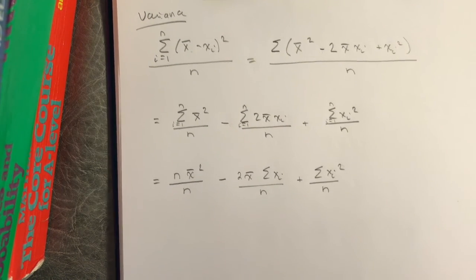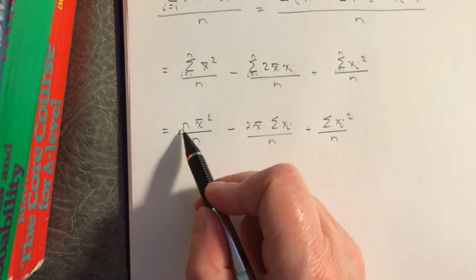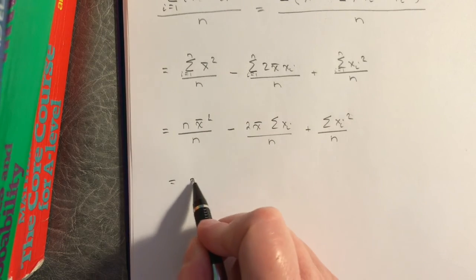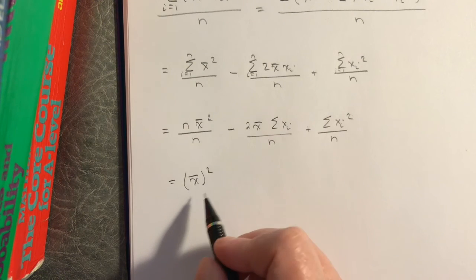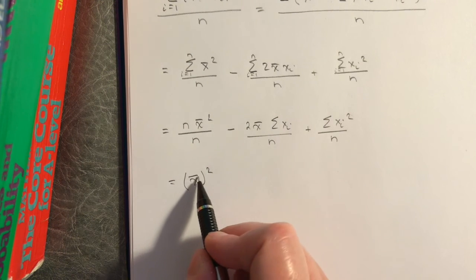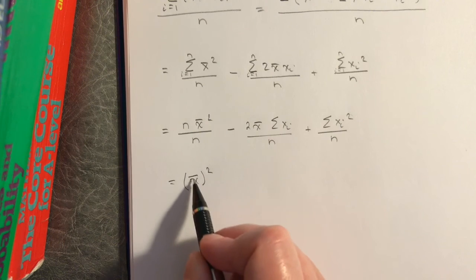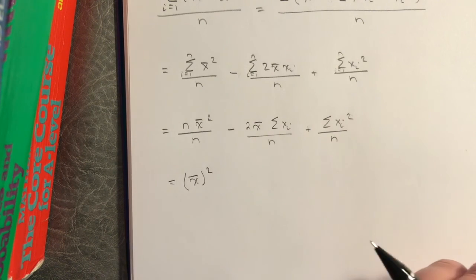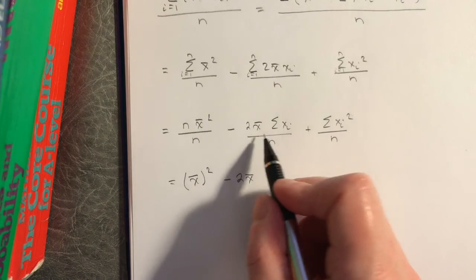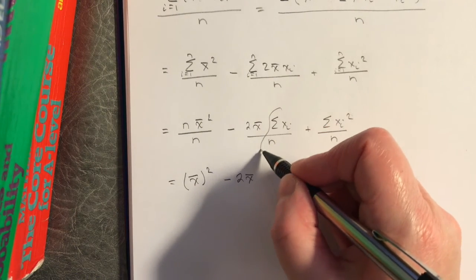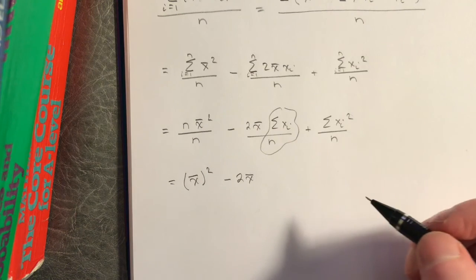From here, my n's will divide out on the first piece, and that will just give me x bar. You know what, I'm just going to stick them in brackets because the squared is outside the bar. So x bar, the mean, squared. And what's happening over here? Well, I've got 2x bar, and then I can identify that piece.